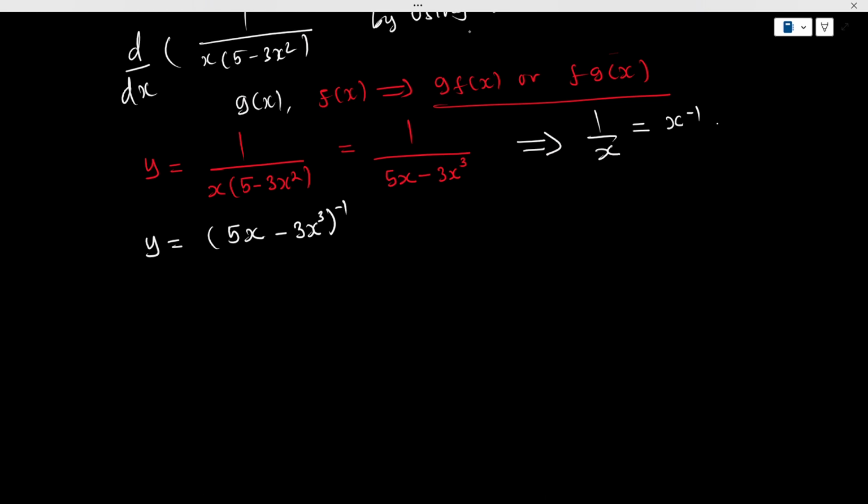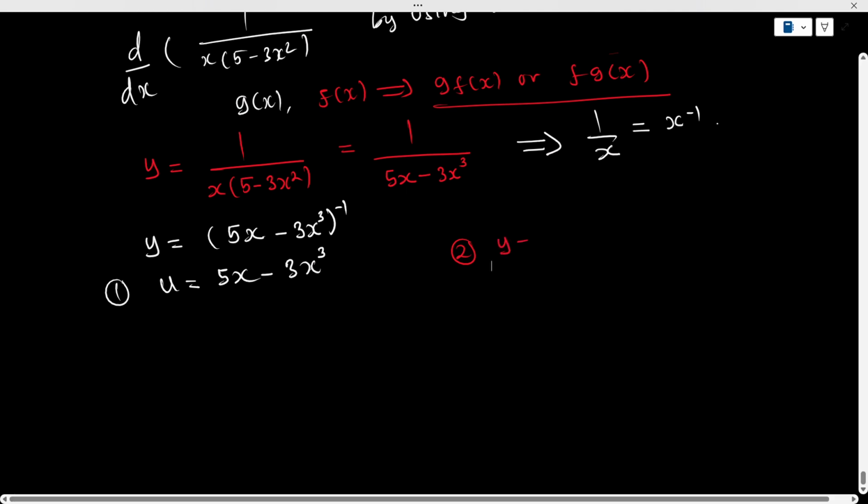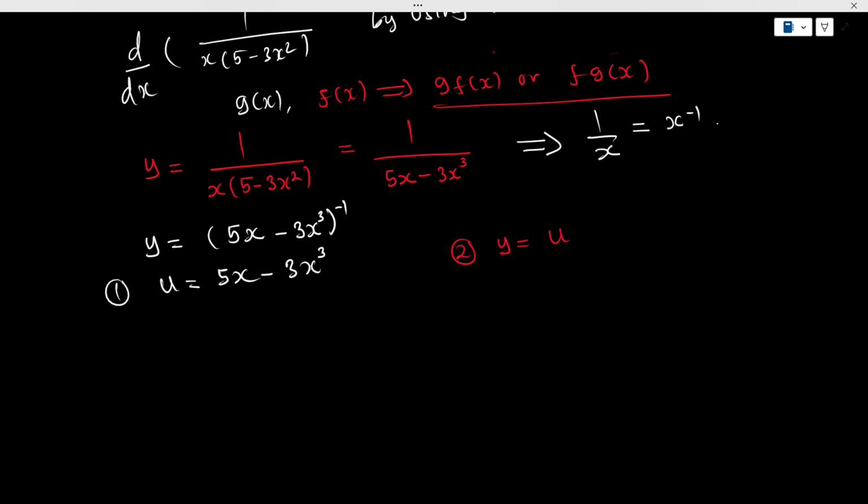And now I'm going to say u equals 5x minus 3x cubed. And now y will become, since I'm replacing the expression inside, y is going to be u to the power negative 1.